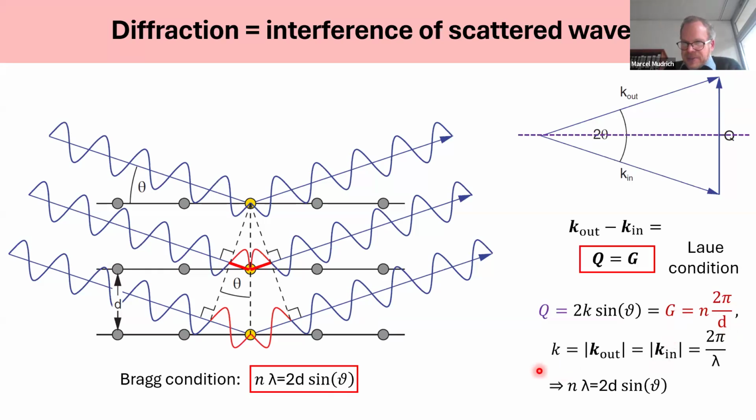And knowing that the absolute value of k in equals the absolute value of k out, and remembering that the wave number, which is the absolute value of the wave vector, is 2 pi over lambda, we arrive at exactly the same expression. So the point is just for you to understand that the Laue condition for constructive interference of scattered beams, Q equals G, is equivalent to the well-known Bragg condition.